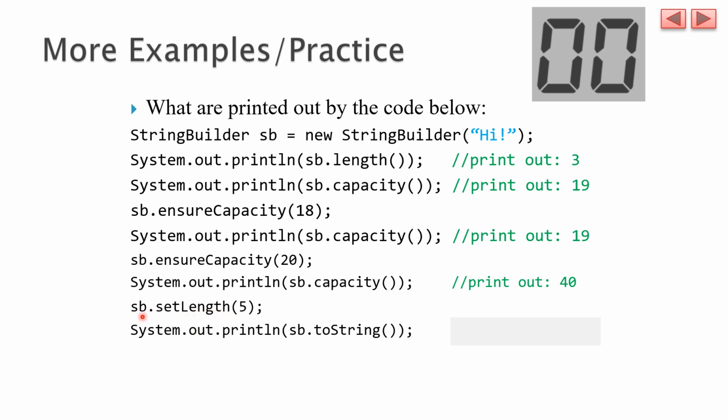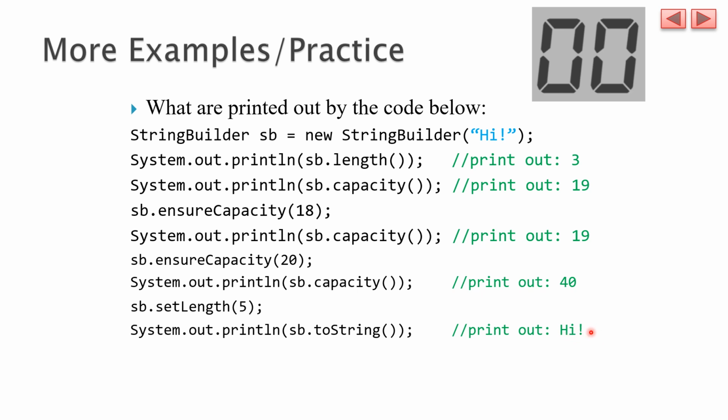And now it calls setLength, passing 5 as the argument. Note that the current length is 3, and now it expands the length to 5, so it needs to add 2 more characters. Let's see what is printed out here.